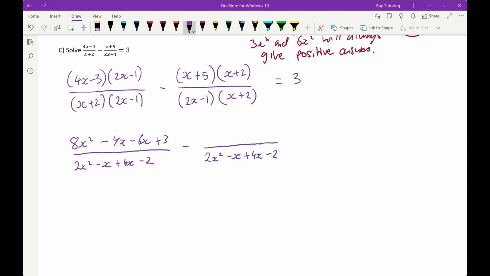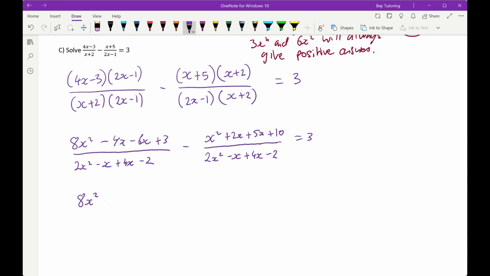There we go. And then the top, x times x is x squared. X times 2 is 2x, 5 times x is 5x, and 5 times 2 is 10. I don't want to subtract anything just yet. We're going to keep the fractions separate for now and just simplify them as much as we can. At the top of the first one, we can do negative 4x take away 6x. They are like terms because they're both x to the power of 1.